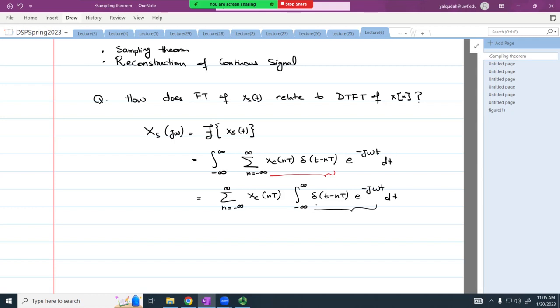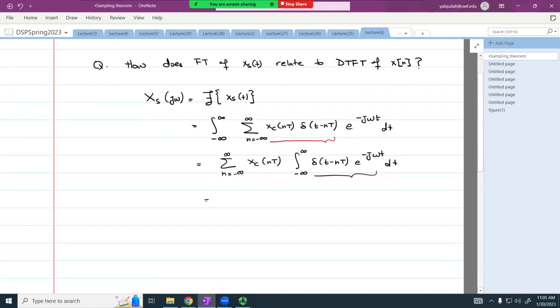I have a function, I'm multiplying it by a delta that is at nT. What is the integration going to equal to? That function at nT. So this is going to equal the summation from n equals negative infinity to infinity x_c(nT) multiplied by e^(−jωnT).